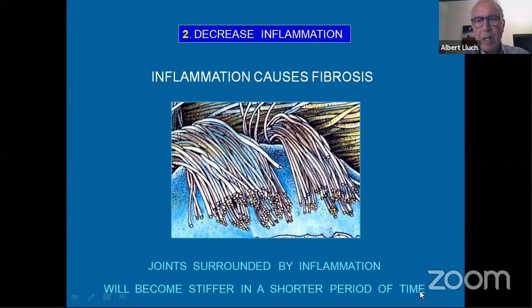For example, if we have a supracondylar fracture in one elbow and the other one is normal, has no injuries, and we immobilize both elbows for, let's say, a month, which one will become stiff? The one that had the supracondylar fracture. So it's not remodeling or shrinking of the capsule.